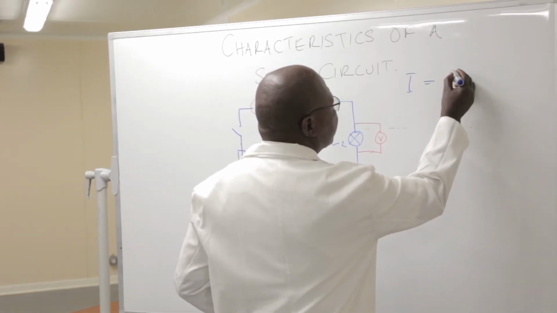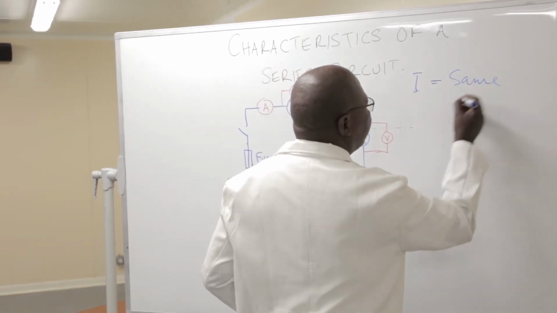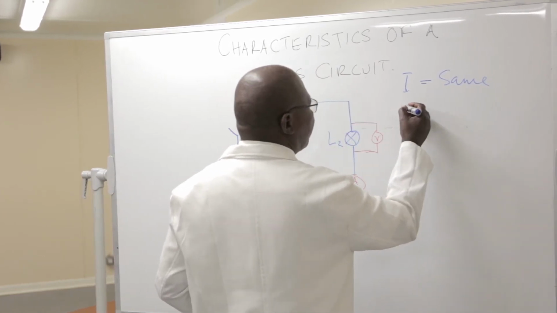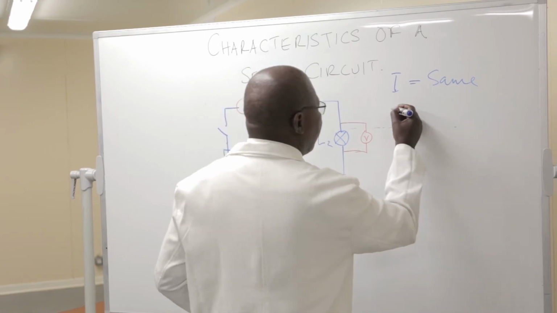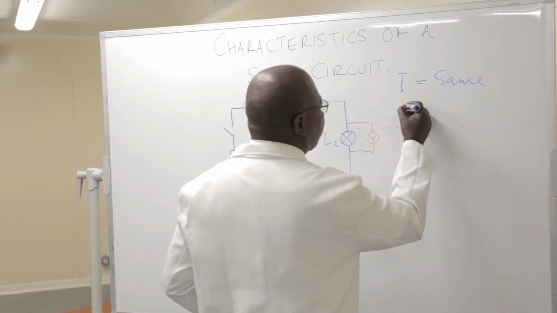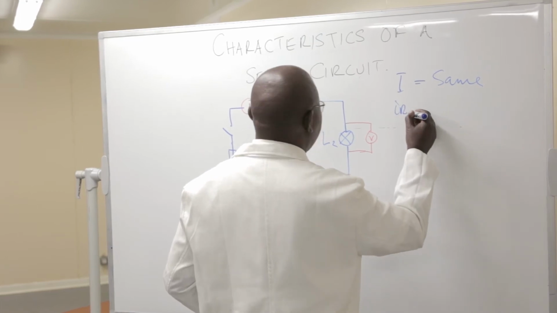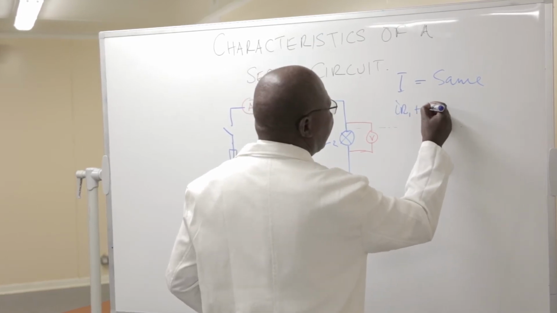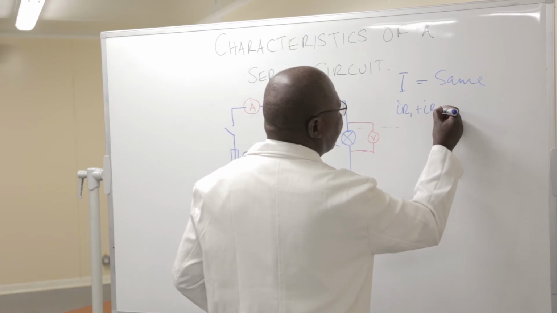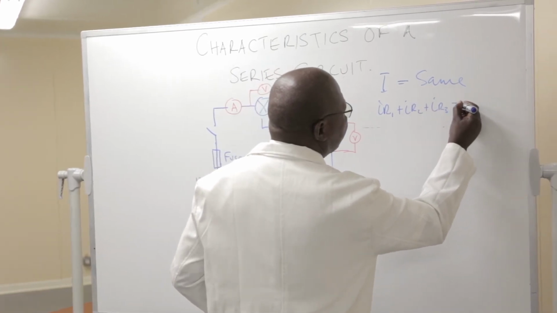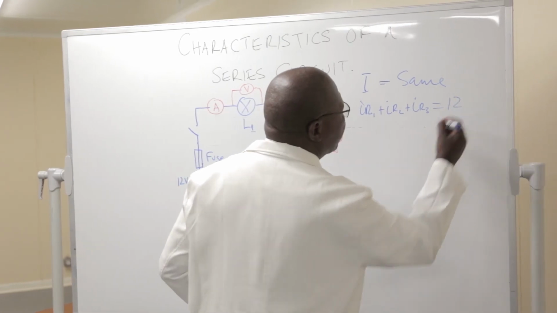current, same through the load. Voltage drop, the way we term voltage drop, is IR1 plus IR2 plus IR3, which should be equal to the source voltage.